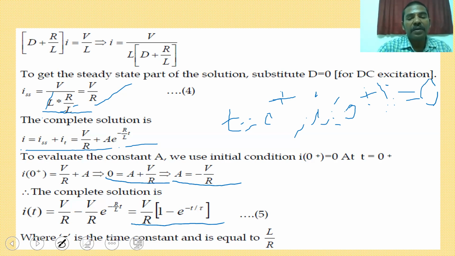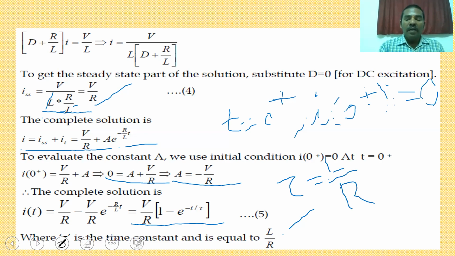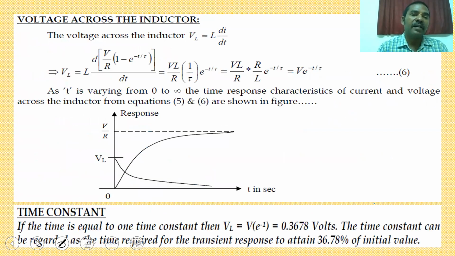For an RL circuit, the time constant tau is L by R. Are you understanding? Now the voltage drop across the inductor: VL is equal to L di by dt. So VL is equal to L into d by dt of V by R into 1 minus e power minus t by tau.